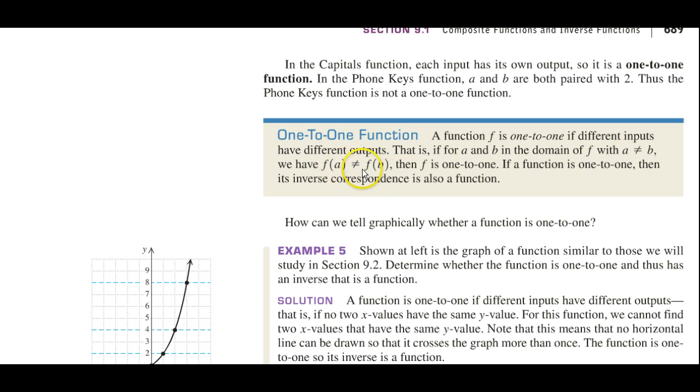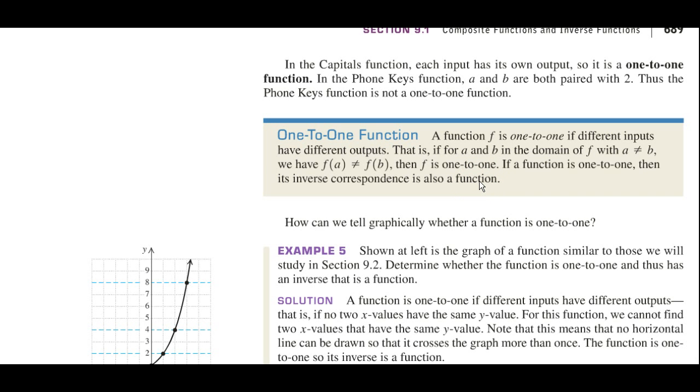We have this function symbolism. Then this is one-to-one. If a function is one-to-one, then its inverse correspondence or relation is also a function. And you can use the chart we just went over.